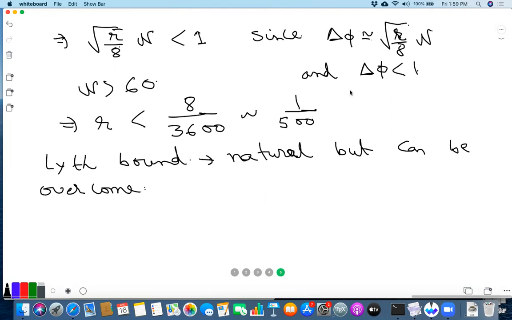Now this bound is almost impossible to observe in current experiments, right? As I said, the current bound is 0.2 and the future experiments may improve it a bit. So this will make it impossible to observe r, at least in the near future.